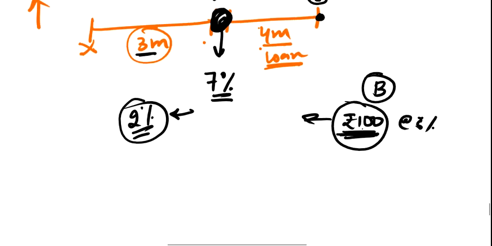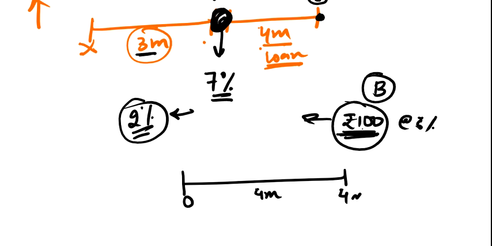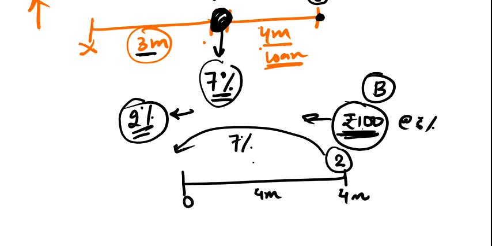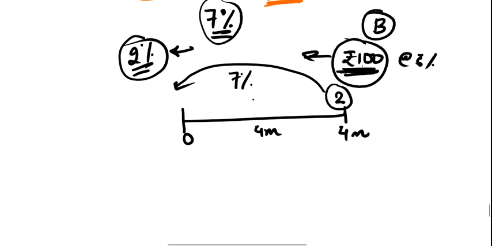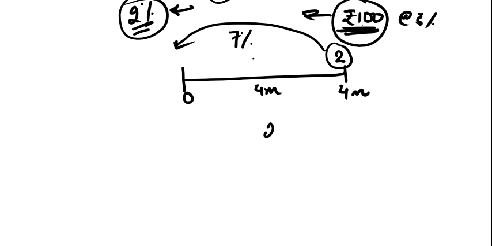Now, understand, this is the period of 4 months. Okay, rather writing it 0 here and 4 months here. Now, what is the amount you will be getting at this point? You are getting 2 rupees at this point. Okay, now you want to take the present value of 2 rupees at the rate of 7%, because the rate of interest prevailing in the market is 7%. Clear? So you will take 2 divided by 1.07.